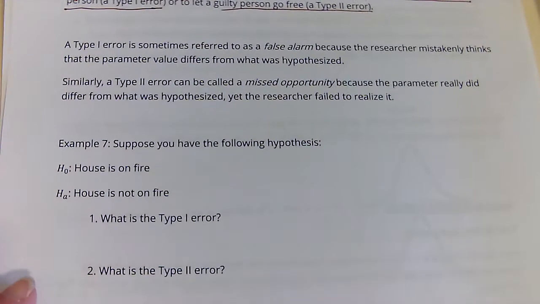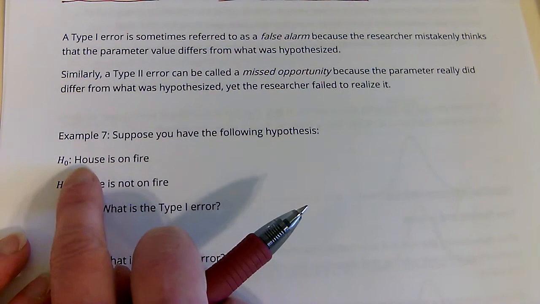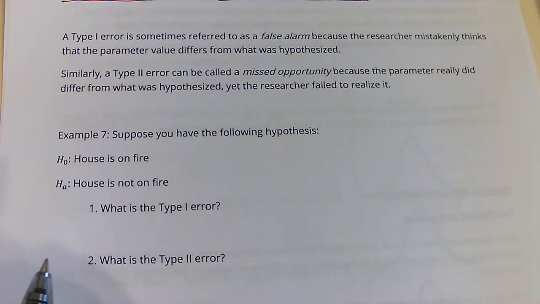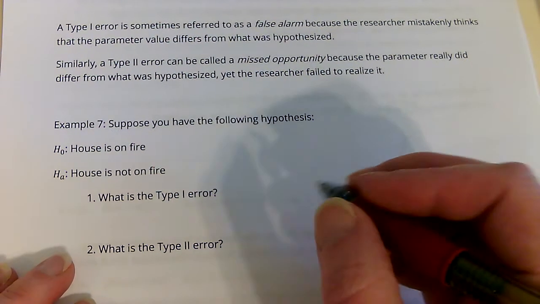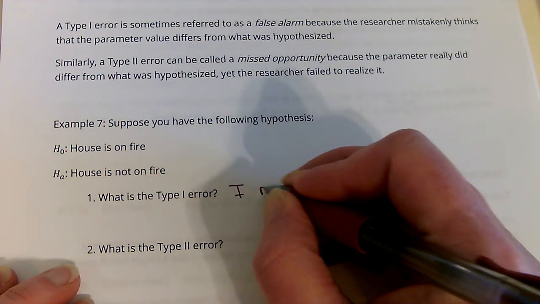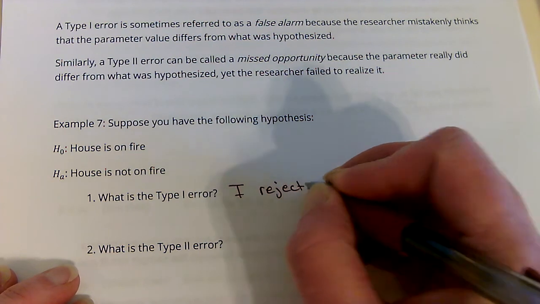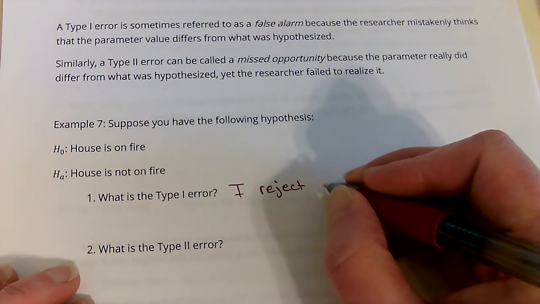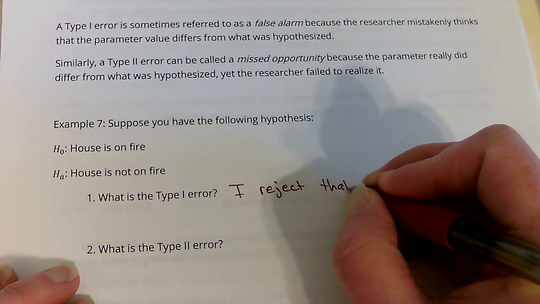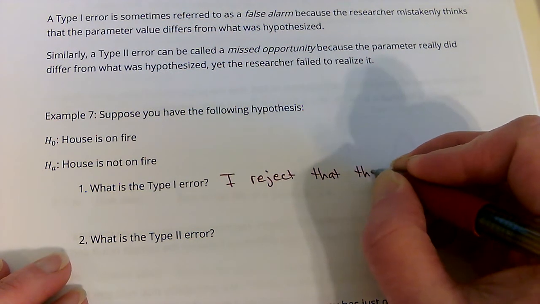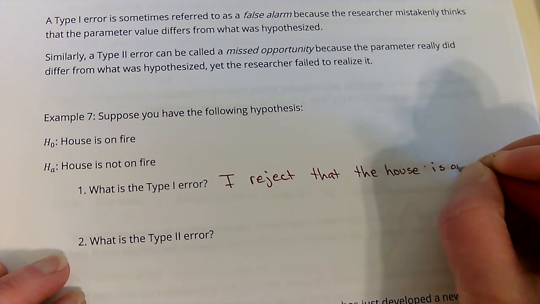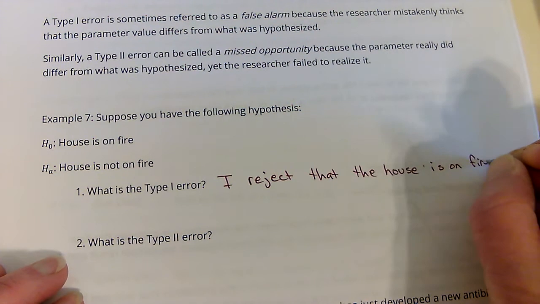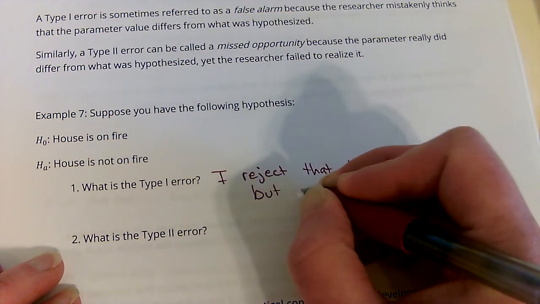So let's think about this. Suppose you have the following, that a house is on fire or the house is not on fire. What's the type 1 error? The type 1 error is I reject the null. I reject that the house is on fire, but it really is.